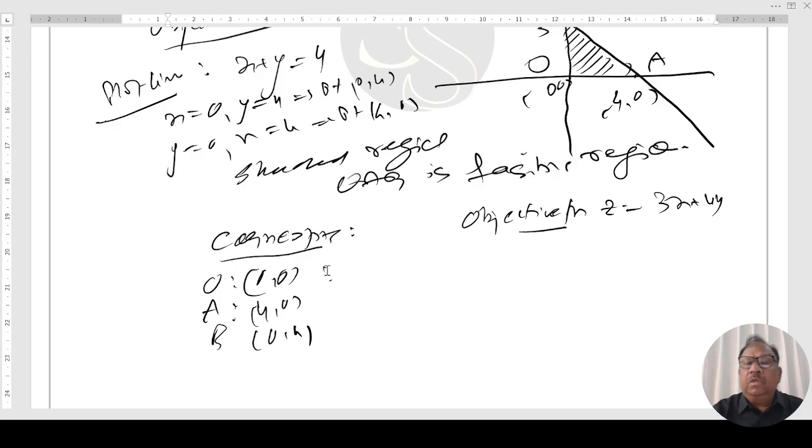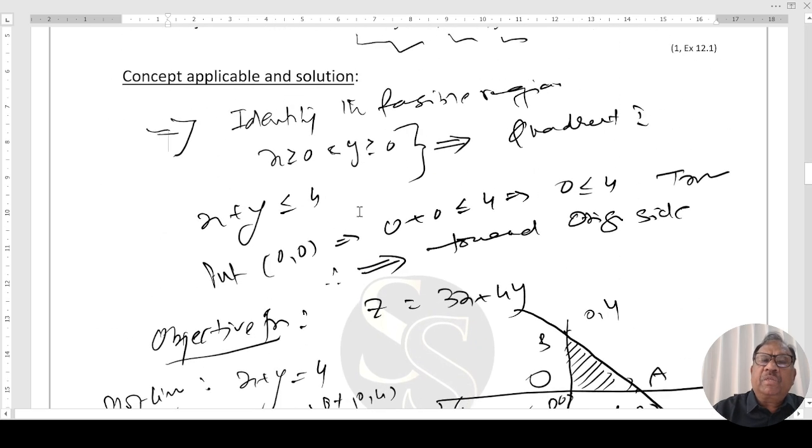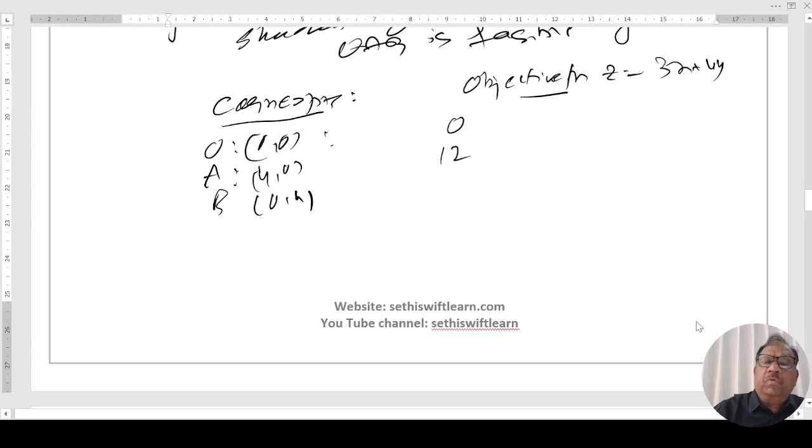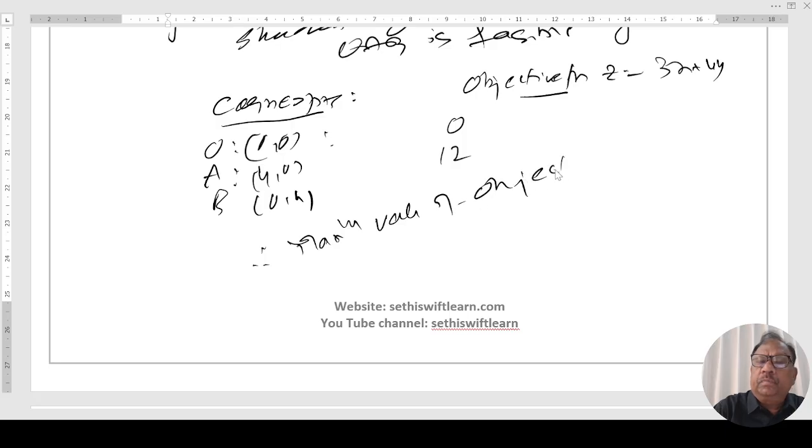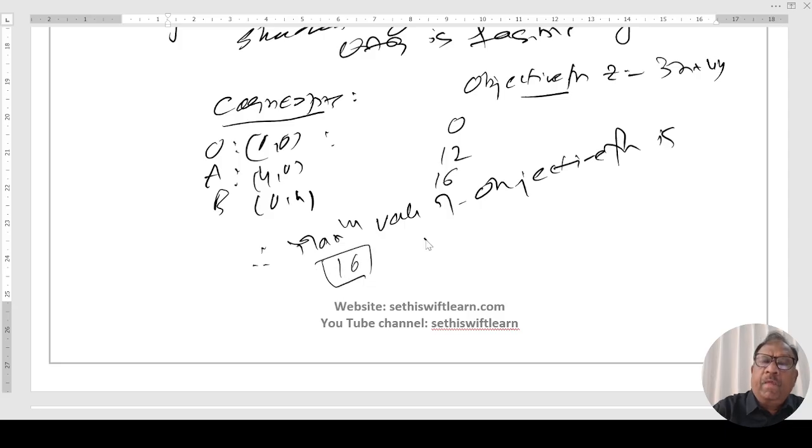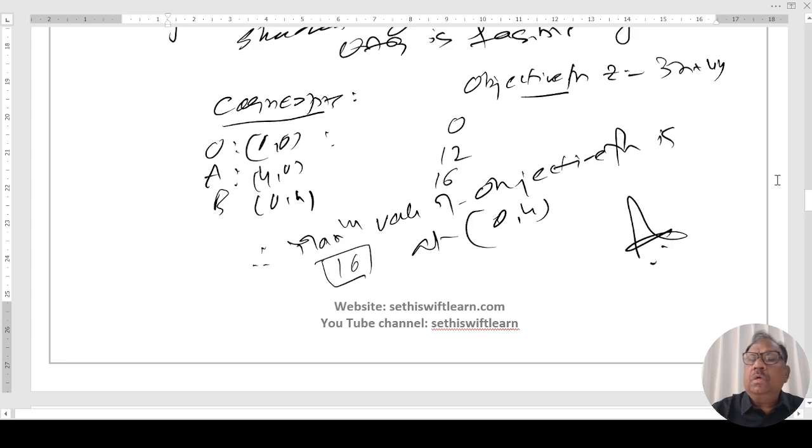The values of the objective function are 0, 12, 16. We have to find the maximum value of the objective function. Therefore, the maximum value of the objective function is 16 at 0, 4. This is the answer.